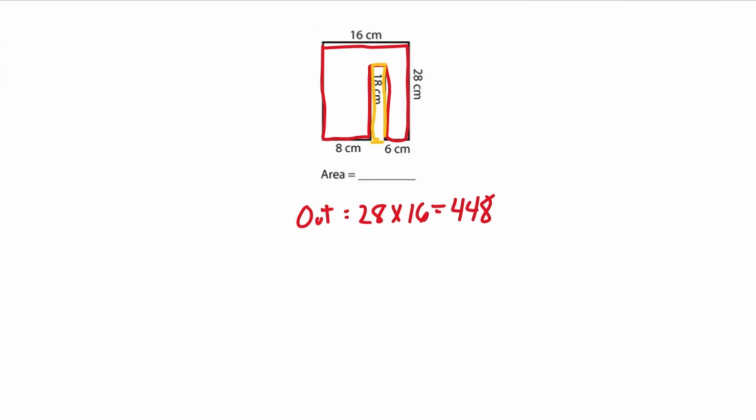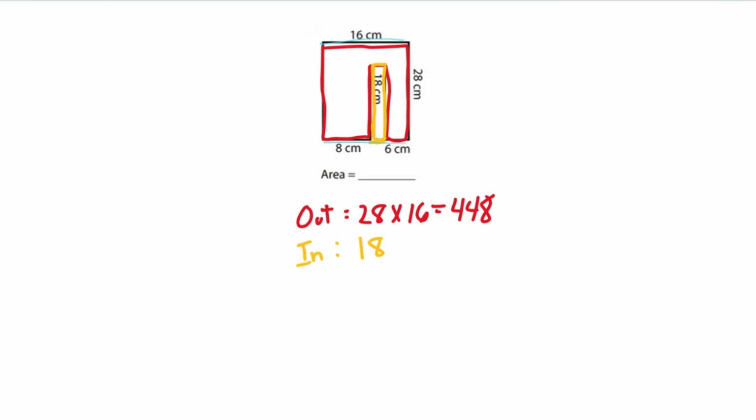We know the length of this is 18. So in the inner rectangle, we have a length of 18. We need to determine the size of this small portion down here. Again, we can look up at the top and see the whole width is 16. And down here, this has to be 16 too.